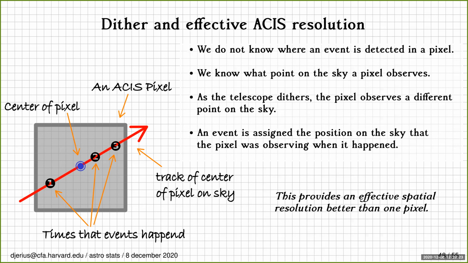So when you look at an observation, all of the events come together, and you don't understand what the relative error in the positions of all of those events is. You may have a puffier PSF than you normally might, but you don't know that because you haven't done an analysis of the aspect.